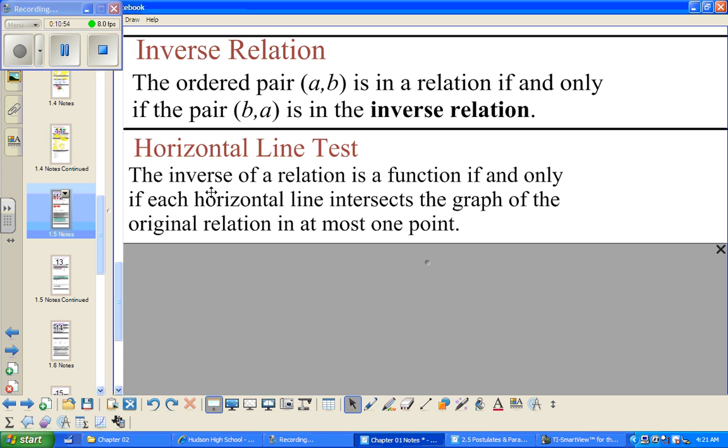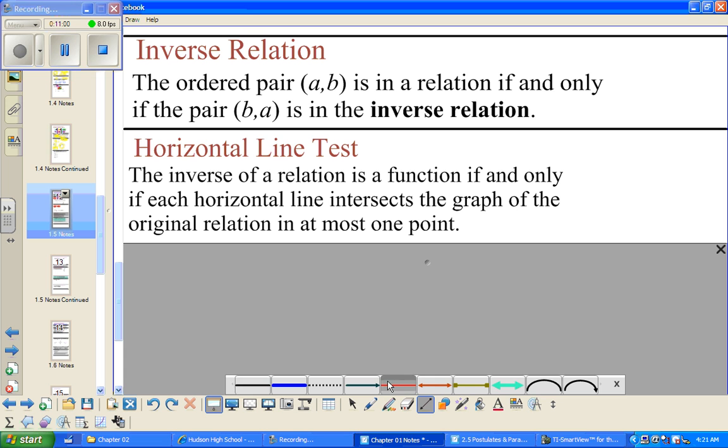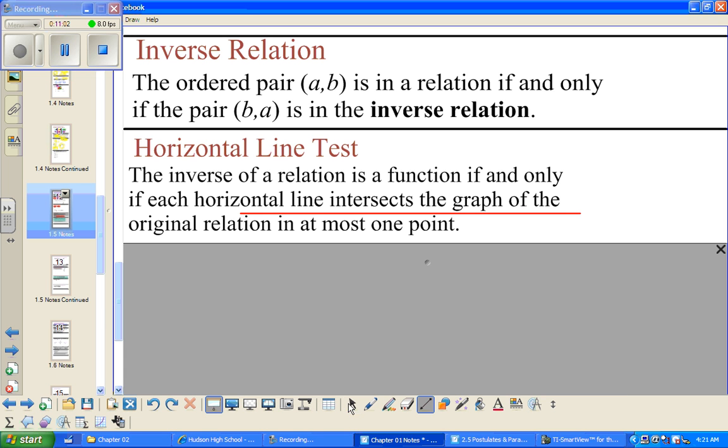What that means is I can take the graph of my function, and if I use a horizontal line test, and that line does not cross the graph in more than one spot, then that would tell me that the inverse of that function is a function.